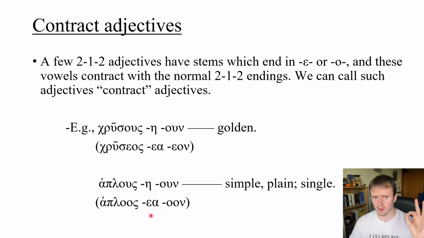Namely, they switch to using a stem ending in epsilon in the feminine forms. So instead of haploe, what's actually here is haplea, and that contracts to give us haple. So it ultimately gives us forms which look like the usual forms, like you would expect a 2-1-2 adjective to have, but it's a bit weird that it uses epsilon rather than omicron as its contract vowel in the feminine forms.